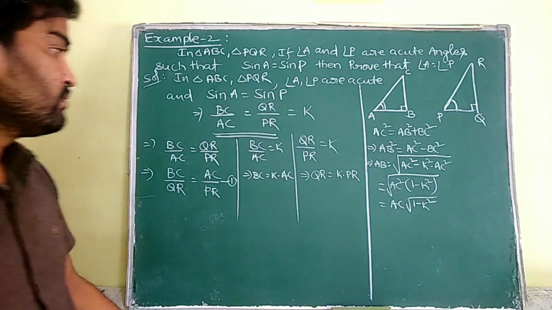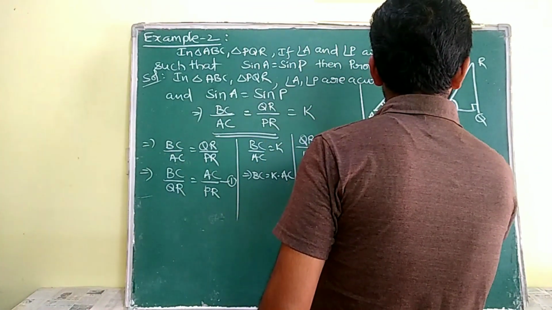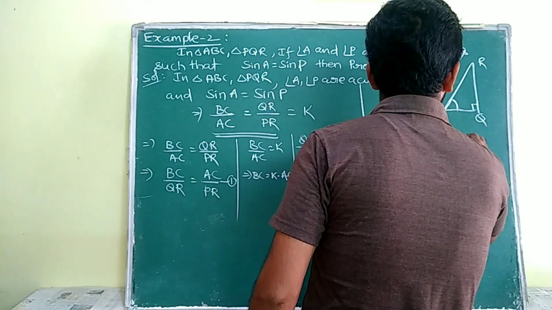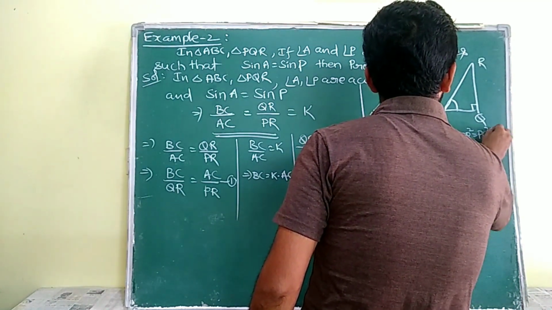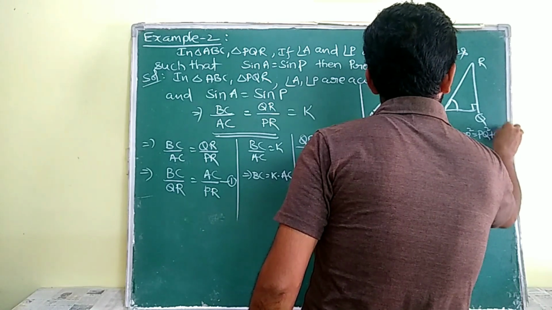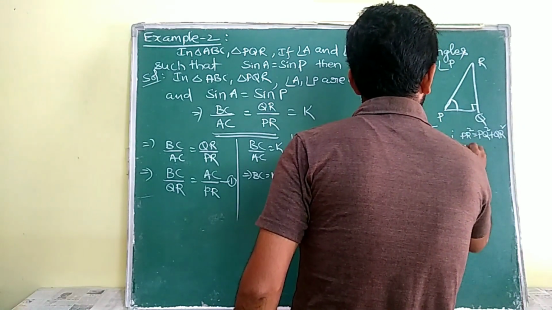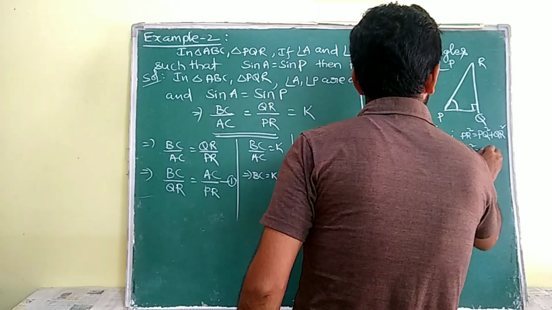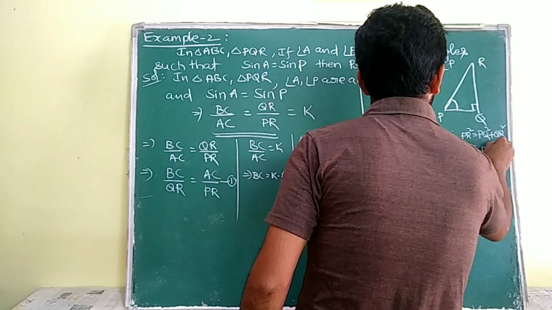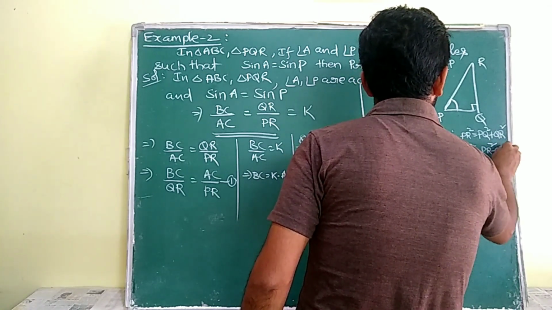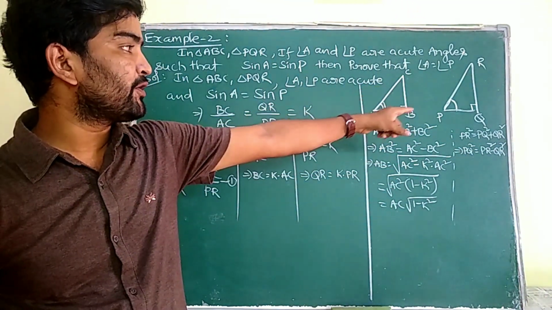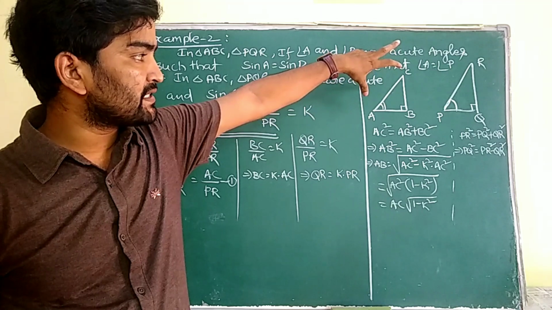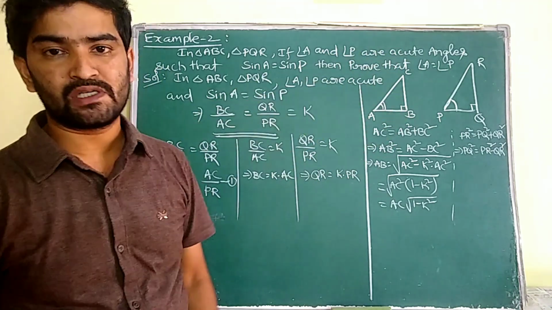Okay? Now, see. Similarly, in triangle PQR, PR square is equal to PQ square plus QR square. Here I want PQ square. PQ square is equal to PR square minus QR square. In the triangle PQR, hypotenuse PR square is equal to PQ square plus QR square.